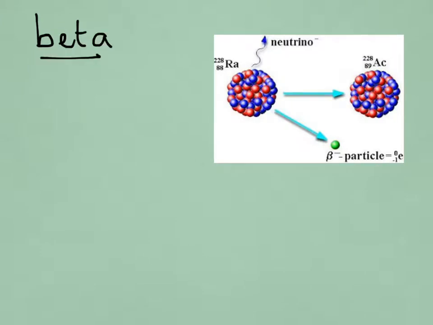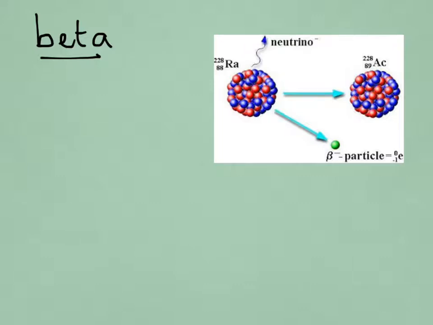Beta is also given out by an unstable nucleus. In this example we've got radium emitting a beta particle and turning into actinium. You don't have to know all the names off by heart, but a few might be useful.